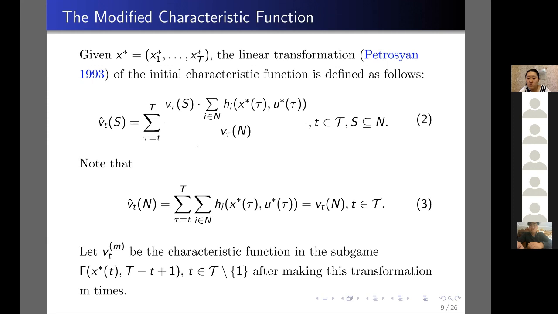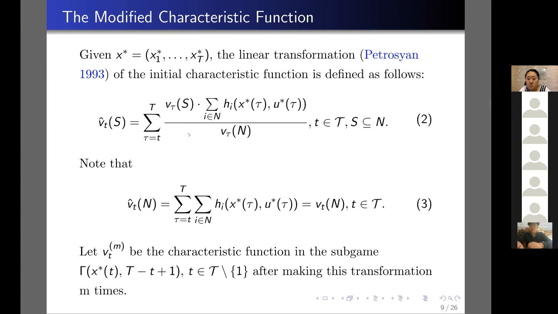Actually, when we make a linear transformation over the initial characteristic function, it changes the worth of coalition S, and maybe the modified core we get is quite different from the initial core. But what we pay attention to is the intersection between the initial core and the modified cores.